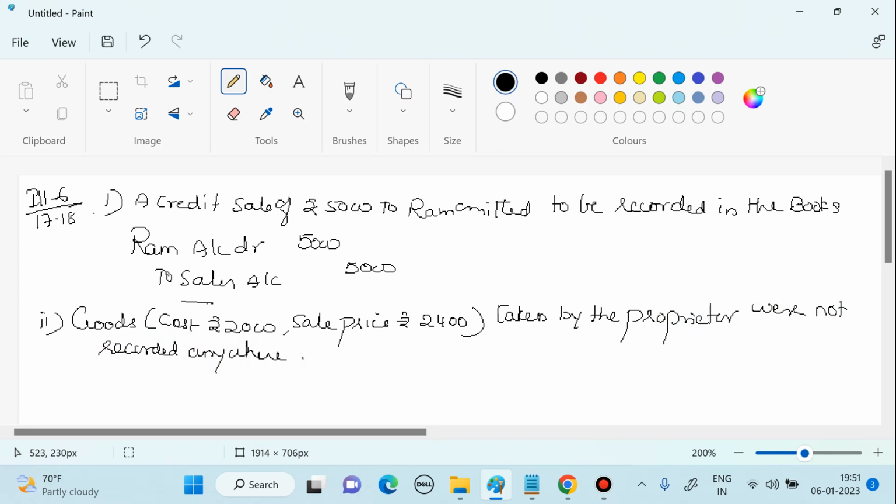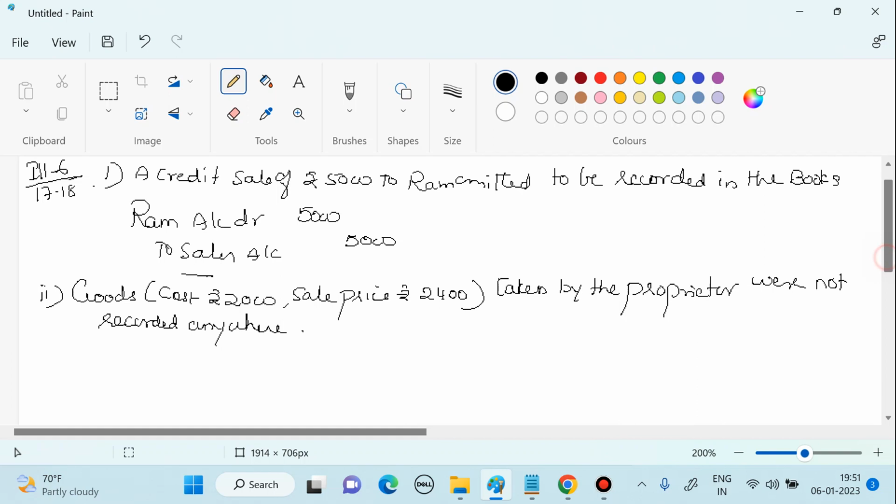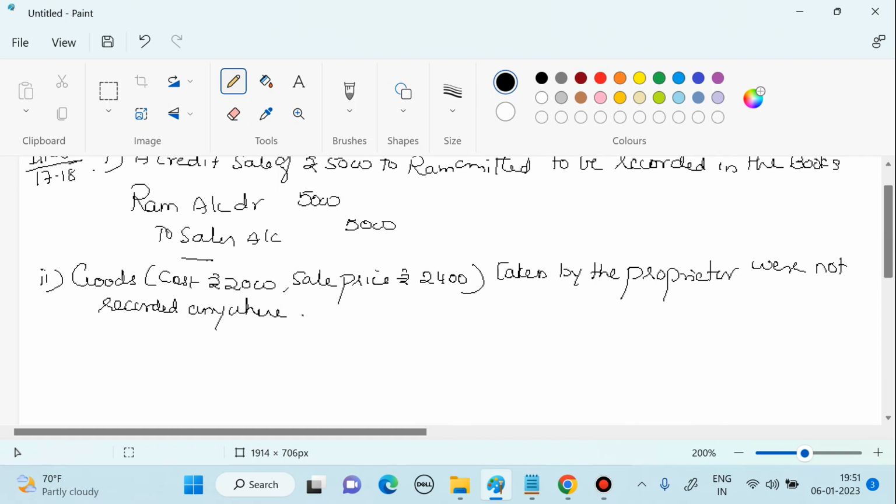Next transaction. Goods cost is 2,000 and if you are going to sell it, the sale price is 2,400. It was taken by the proprietor. When goods are taken by the proprietor, what do we treat it as? Drawings. Drawings were not recorded anywhere. They didn't record these drawings.